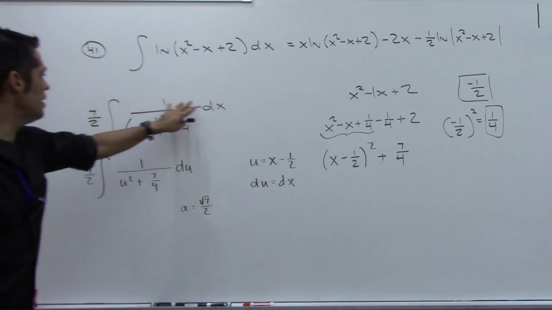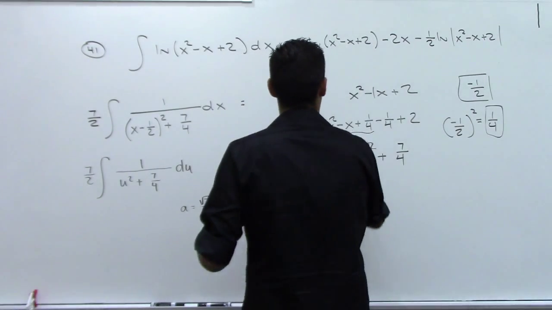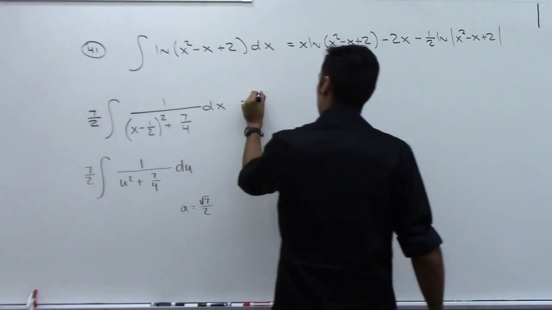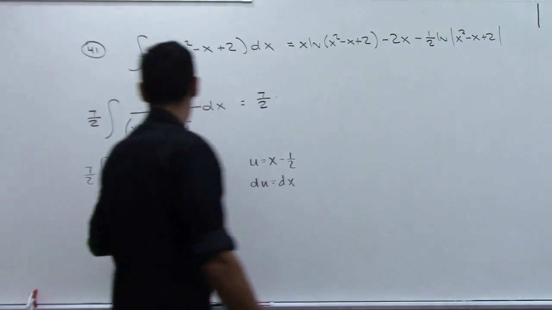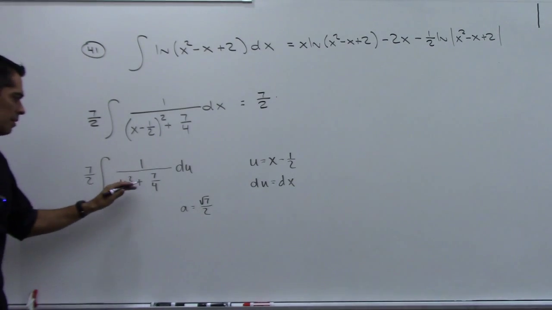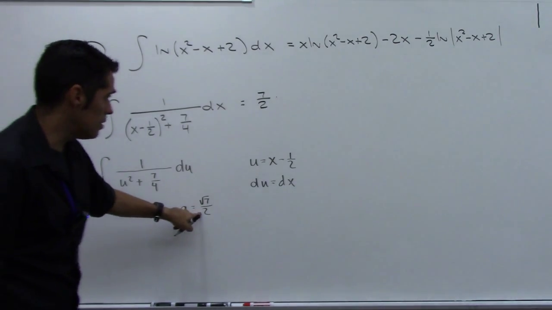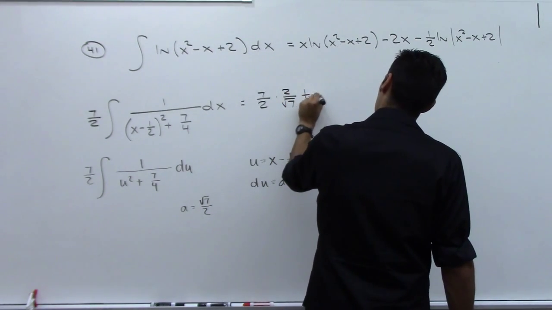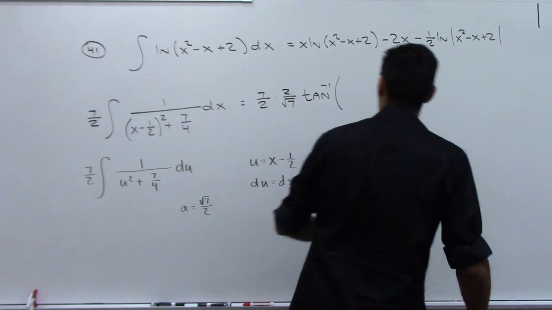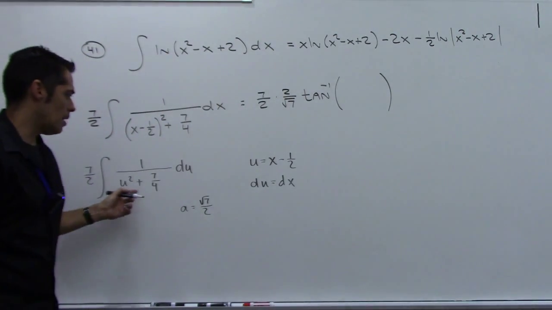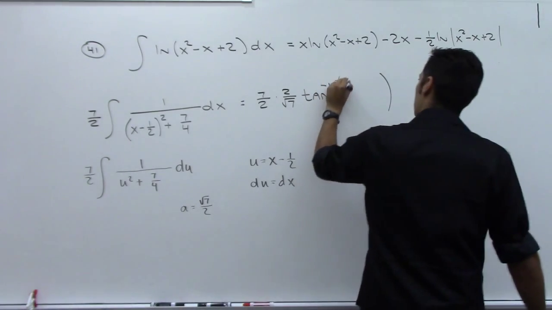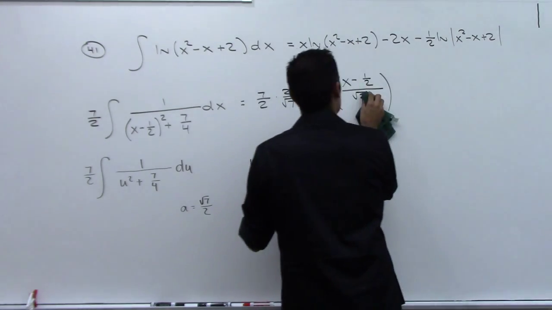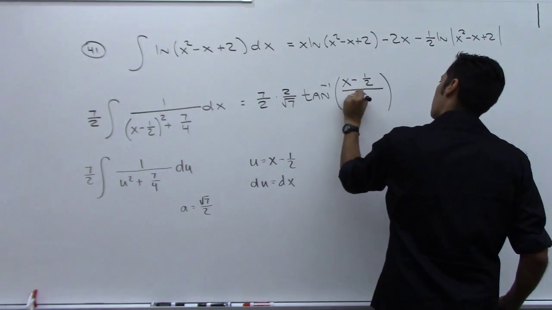And so this integral right here becomes 7/2 from out front times formula number 17 for this, which is 1 over a, which is 1 over this, so flip that over, times arctangent of u over a. But u is this, so u over a, which is x minus 1/2 over root 7 over 2.